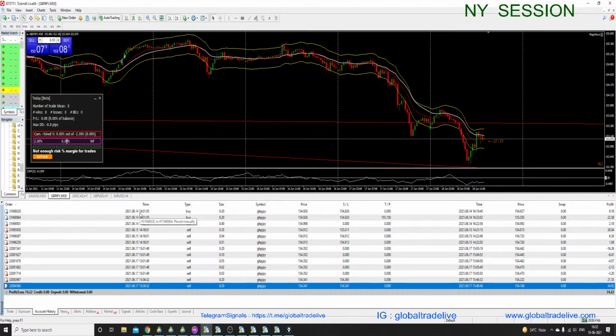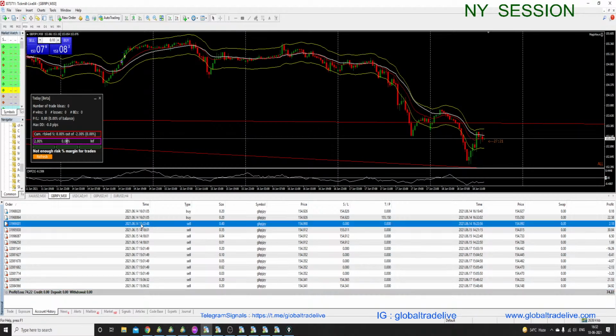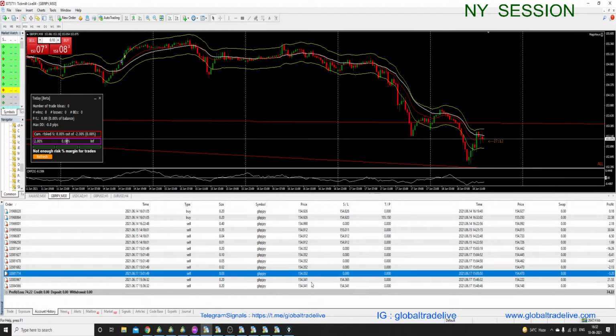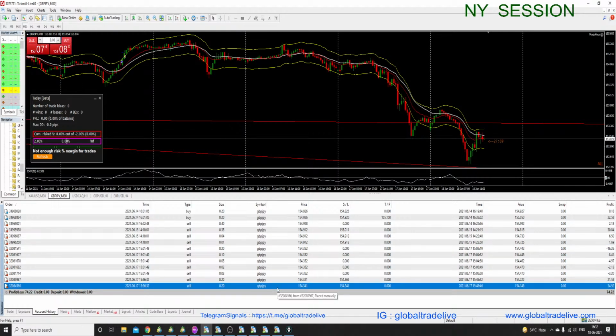In this week we took around, this is one trade, second trade, this is third trade, fourth, and this is fifth. So I took around 5 trades only this week. 5 trades, and today will be the 6th trade. This is how you should trade the graph and the market.